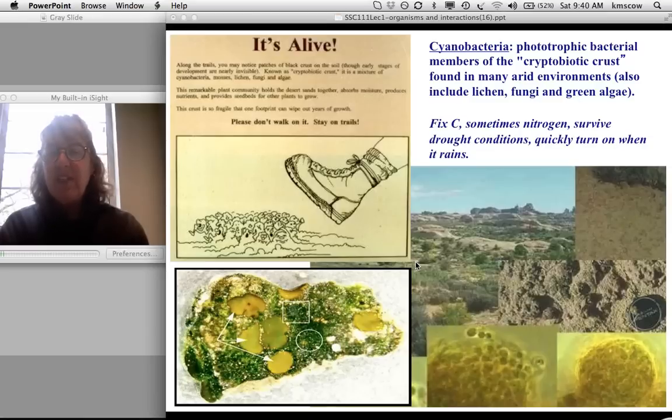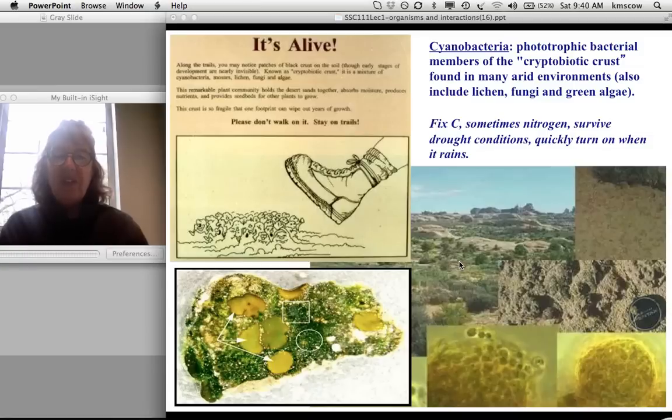And also cyanobacteria are really important in colonizing new soils, like think of a lava flow. Some of the first organisms to jump in there and start to create life, the pioneers, the ones that first come in, are the cyanobacteria because they can bring carbon and nitrogen in out of the atmosphere.